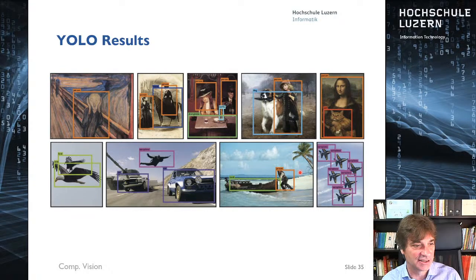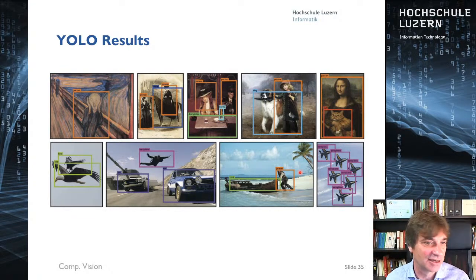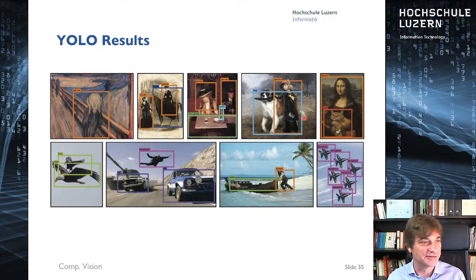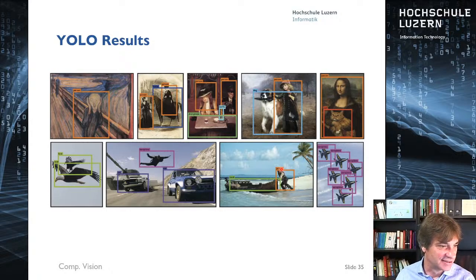So YOLO results are actually quite good. As I said, sometimes the localization is not so good, but it's also not that bad. Here they tried, this is from the paper, a person detector on some images, and that works quite well.